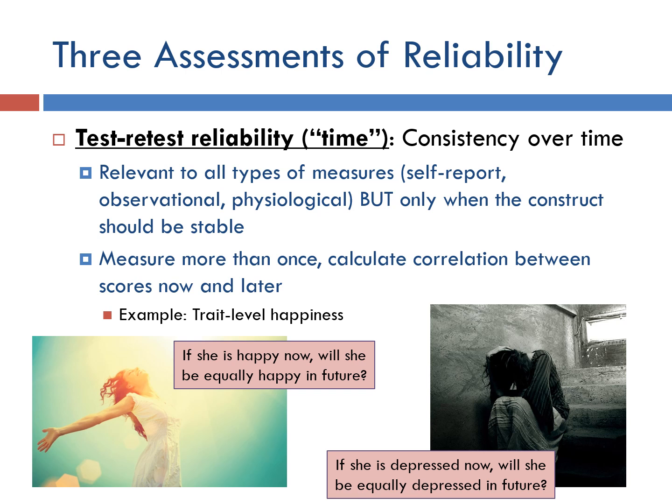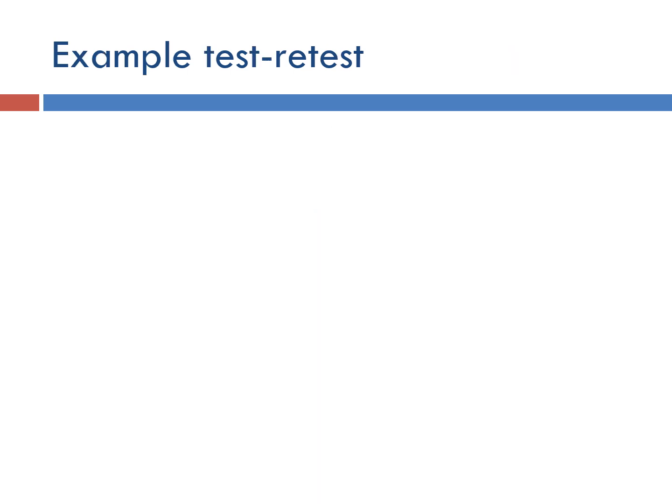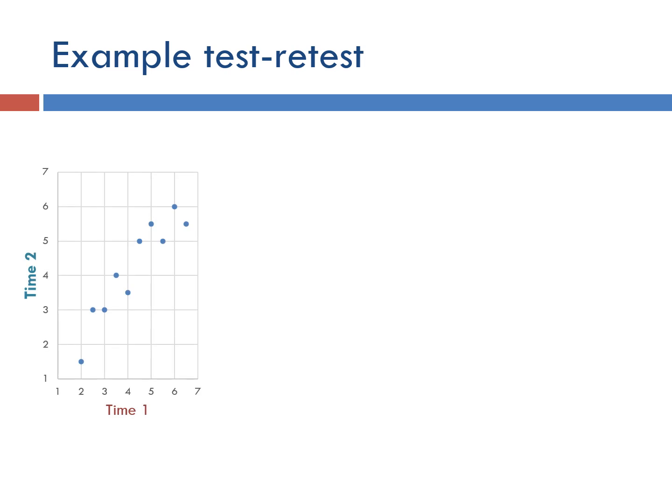So at time 1 they're happy and then they get evicted, or they have a falling out with a best friend or loved one, or they have a really stressful exam that just really dashes their dreams of a certain career. Then we might see something happening on the other end where there's not so much consistency, and that's going to be that error that we're looking at. But we generally want to see that the person is scoring the same each time. So assessing it in a correlation, here again is a graph.